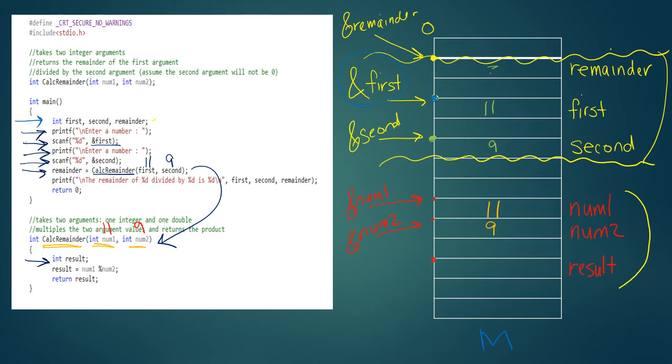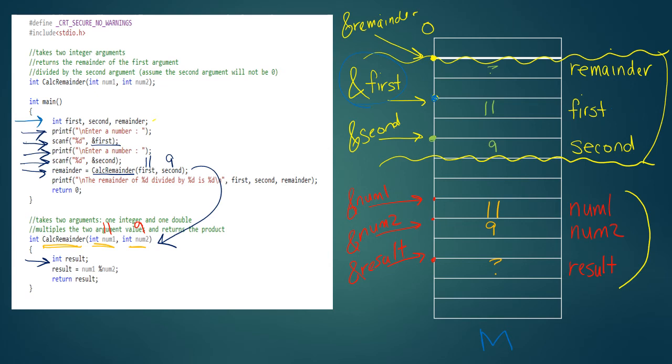The calc remainder function doesn't know anything about a variable named first, a variable named second, or a variable named remainder. And the main function doesn't know anything about a variable named num1, num2, or result. Result will have an address, and at this point does not have a value yet because we don't know what that value is.